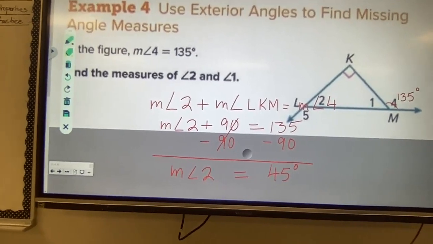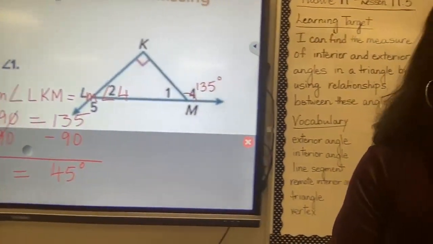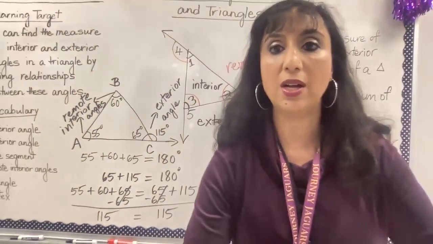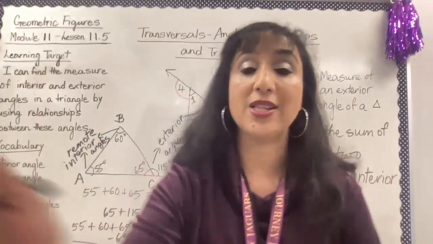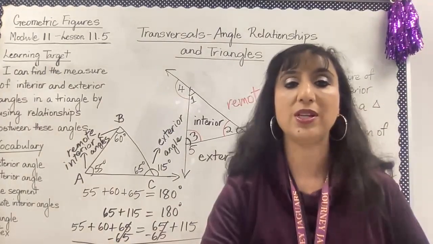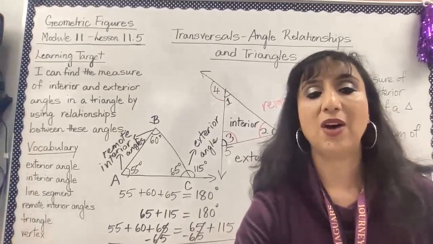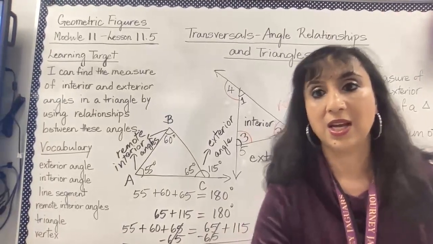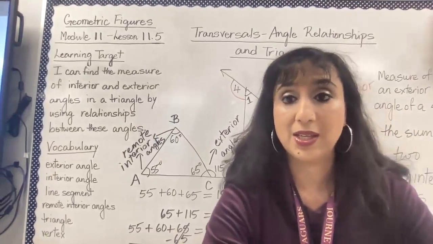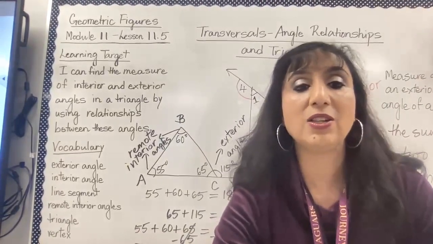As you can see, in this lesson, which is all about transversal angle relationships, just remember what the terms are, and that the exterior angle has the same measure as the sum of the two remote interior angles.